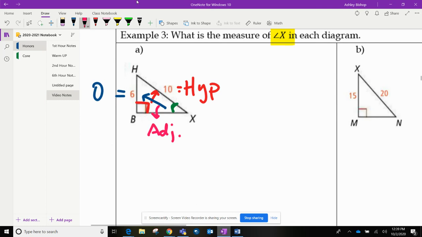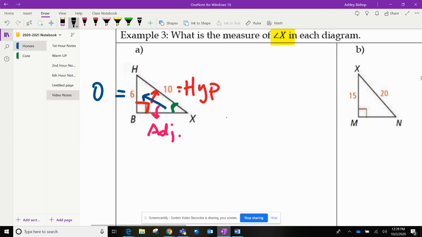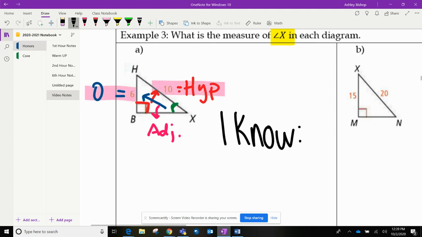Then we're going to label what we know. Just like in the other problems when we're looking for sides, we know 2 out of the 3 pieces of information. From my sides, I still know 2 sides. I know my opposite side is 6, and I know my hypotenuse is 10.